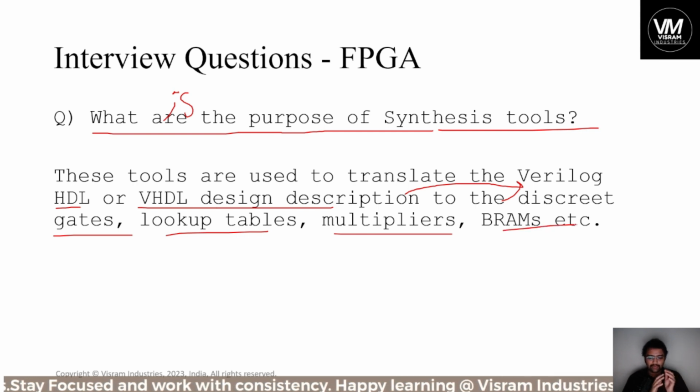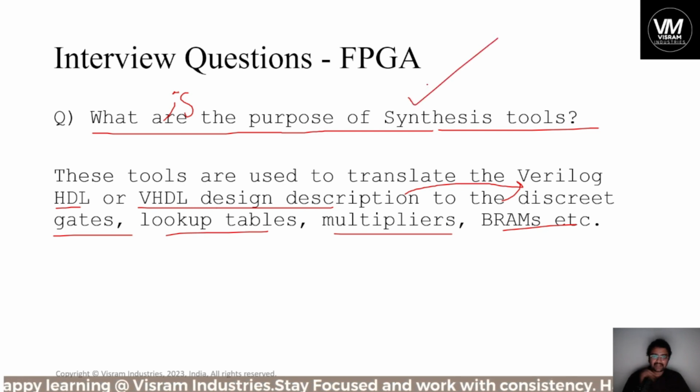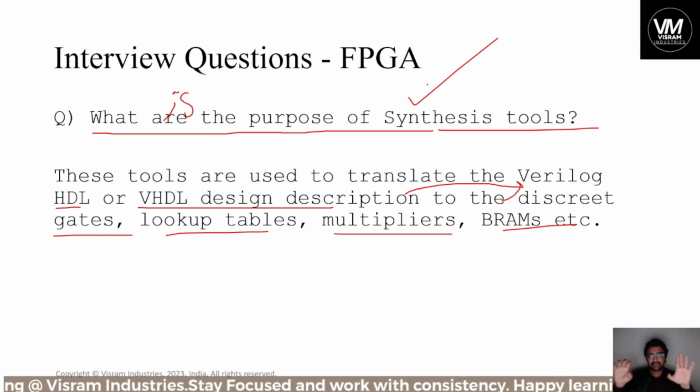So now you have written a block for a multiplexer, and this multiplexer functionality will be realized in the real world as hardware. That is the main step in the synthesis stage: whatever description you have made can be realized into a hardware device, into discrete gates or lookup tables.